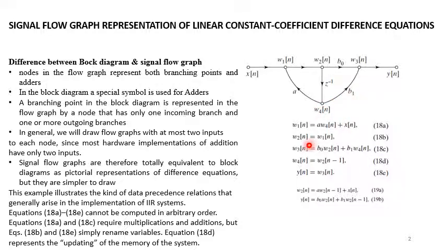So W3[n] can be written as B0 W2[n] plus B1 W4[n].